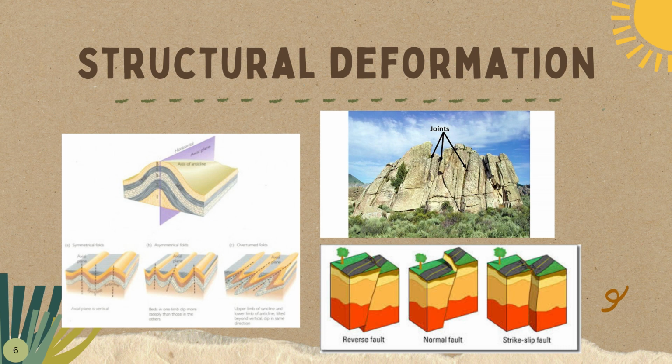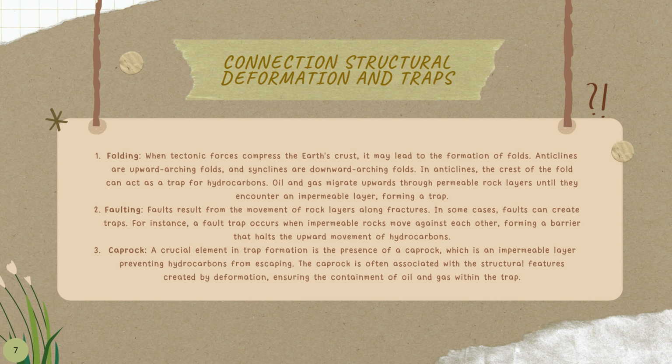So the next one is, what is the connection between structural deformation and traps? I have presented three types of traps and some structural deformations. The first one is folding. When tectonic forces compress the Earth's crust, it may lead to the formation of folds. Anticlines are upward arching and synclines are downward arching.